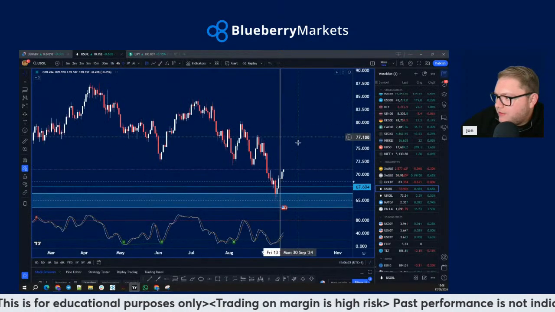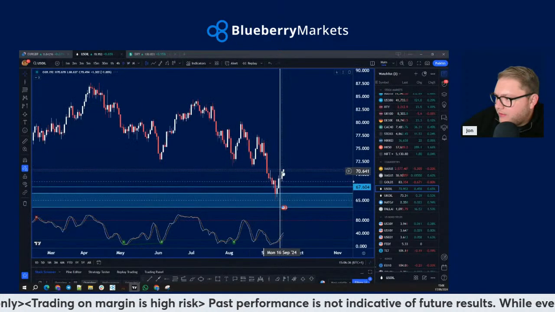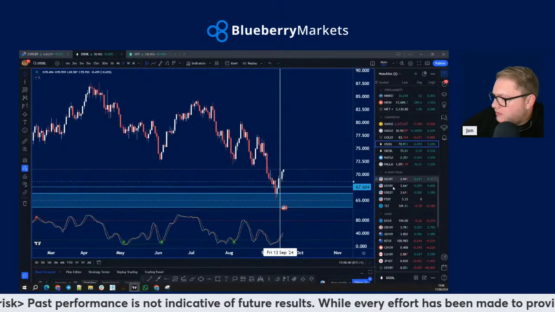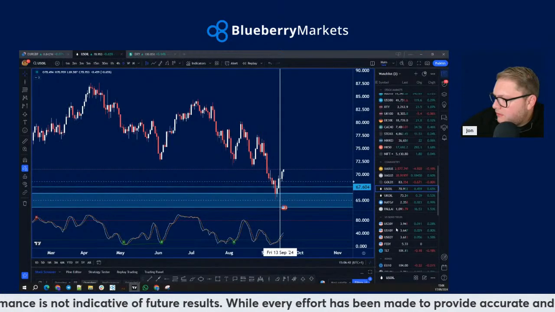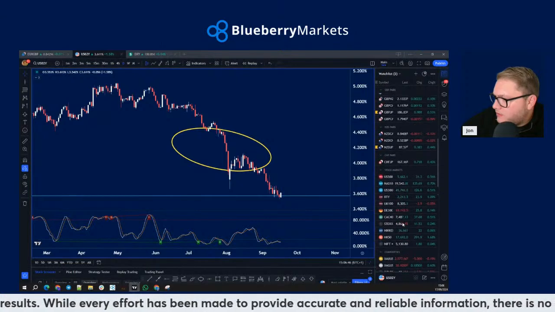So we'll see if that can continue higher. I wouldn't mind another leg lower in oil to then look to potentially buy that. Two-year yields up today, 1.37%.